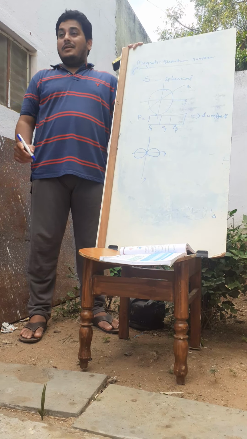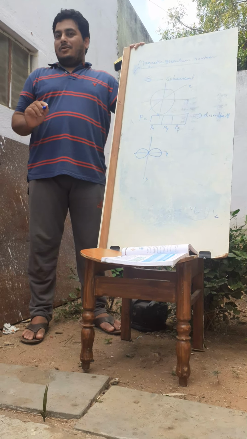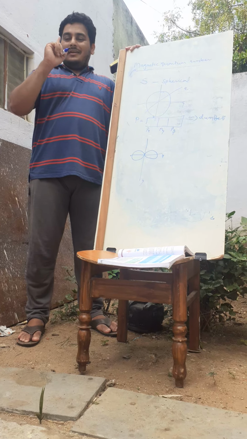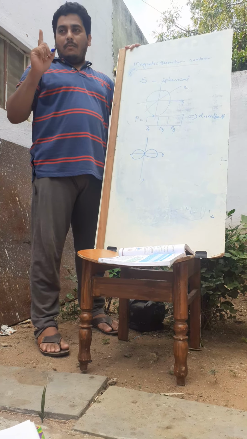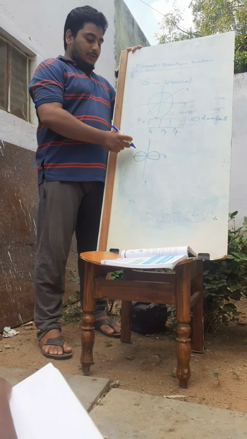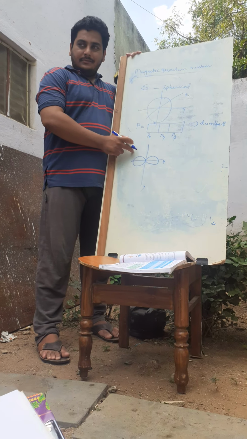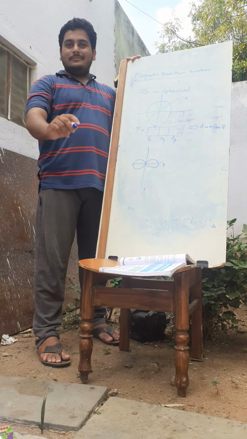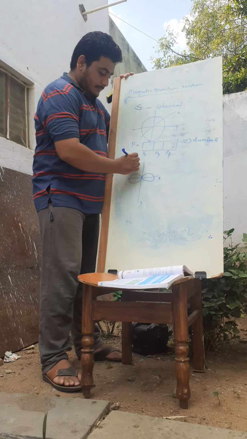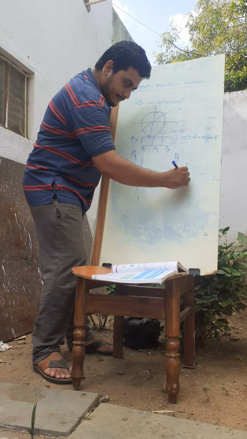A simple drawing, draw it. Because in your textbook 3D figures are given, it is a little bit complex to draw, so it is better to draw this diagram. Draw this and send it to me as homework. The px orbital.